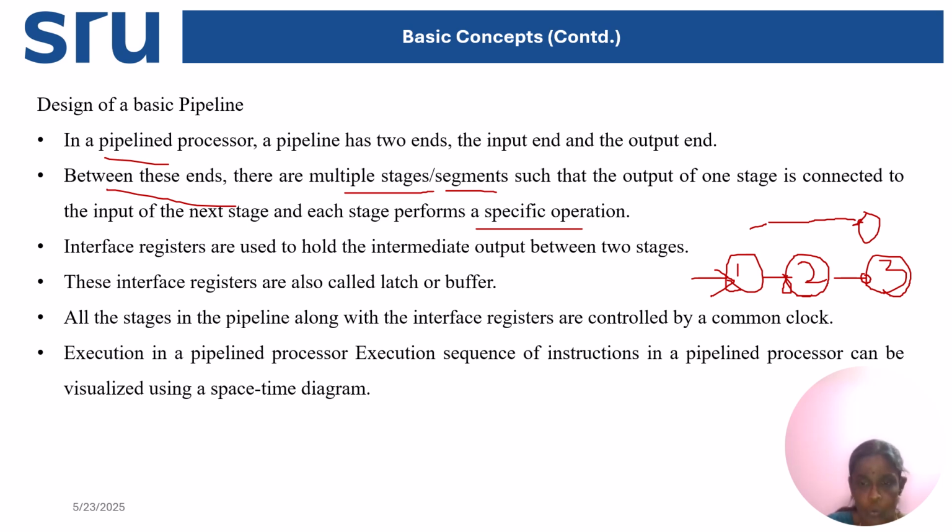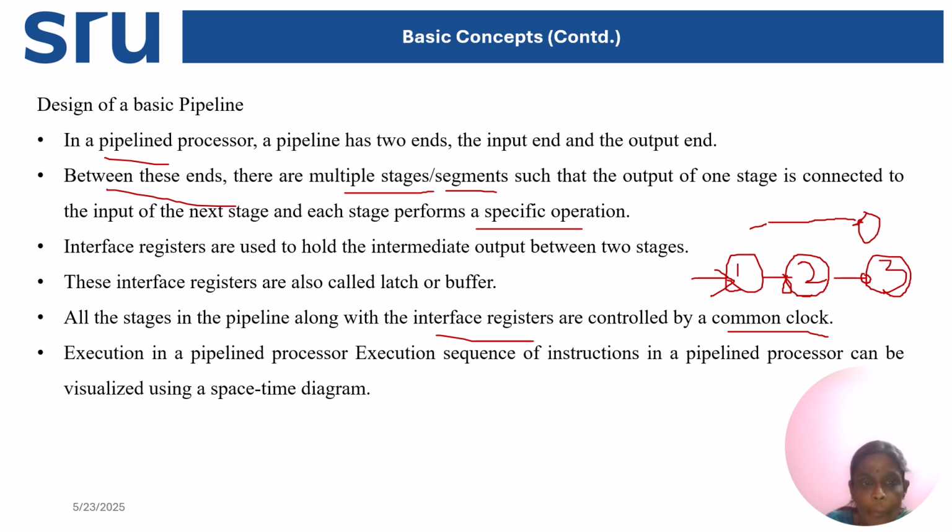All the stages in the pipeline, along with the interface registers, are controlled by a common clock, given by the central clock system. The same clock frequency is given to all stages, a uniform clock.